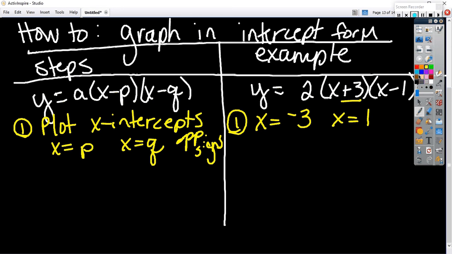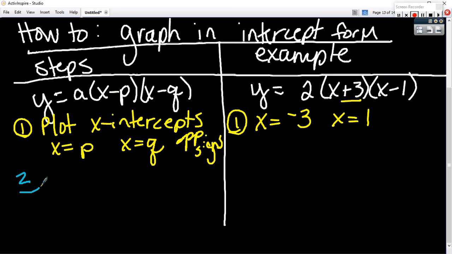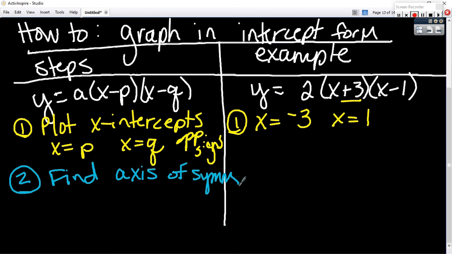So, first thing I'm going to do is find the axis of symmetry, because that's going to be in the middle. And y'all said you average them together, and you're right.